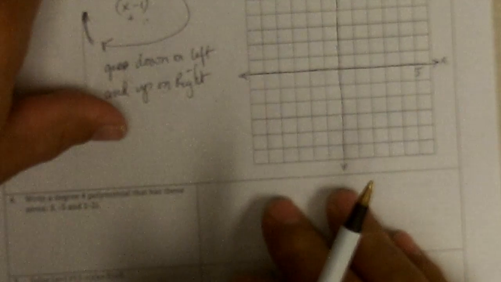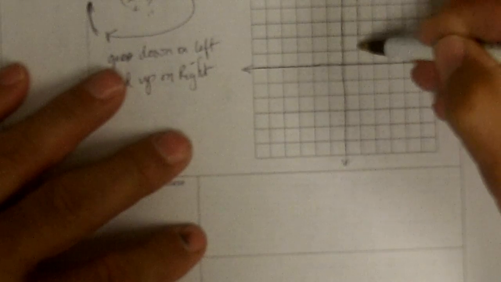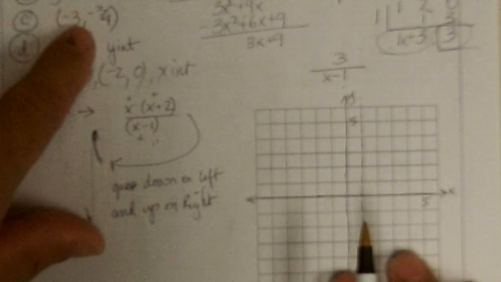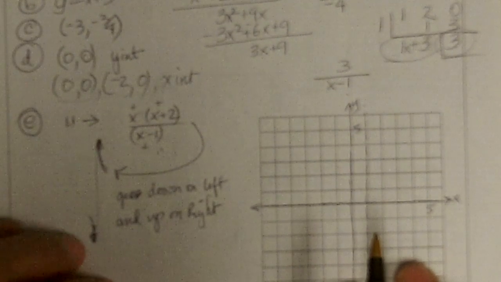So let's go through. A, vertical asymptote at 1. B, oblique or slant asymptote at y equals x plus 3. It goes through 3 with a slope of 1.